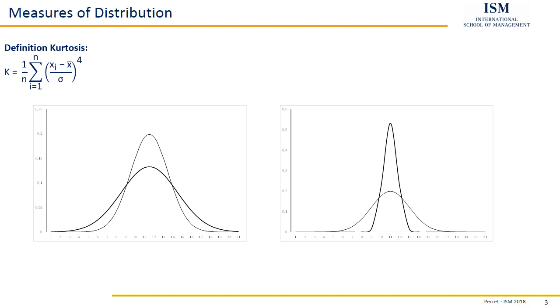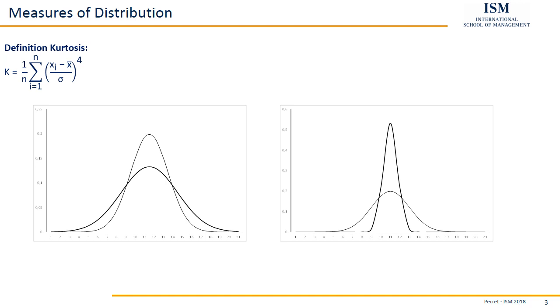So the fat line, that's the specific curve we're comparing here, and the thin line, this is always a normal distribution. So basically it's two times the same normal distribution, but if we take a look, the axes actually differ. So what we would call the y-axis, they are different. The left one goes only to 0.25, the right one goes to 0.6. So with this in mind, what we see in the left figure: the middle part, that's way below the normal distribution.